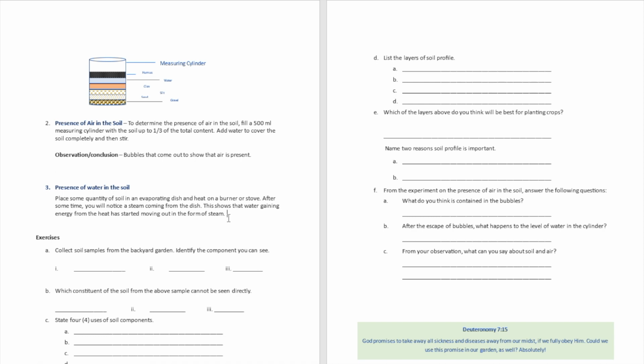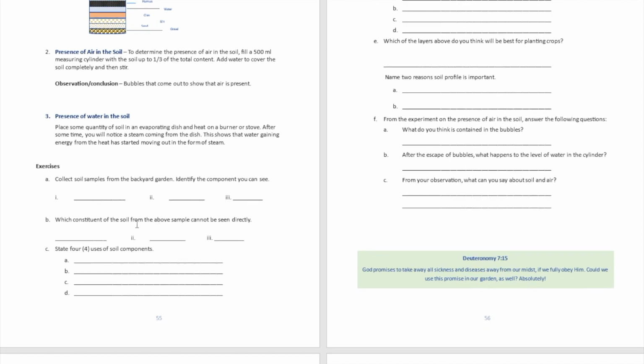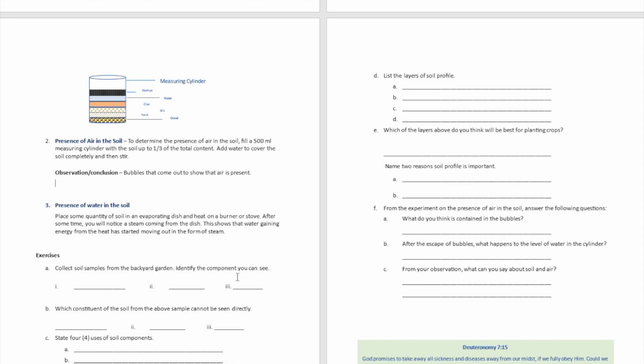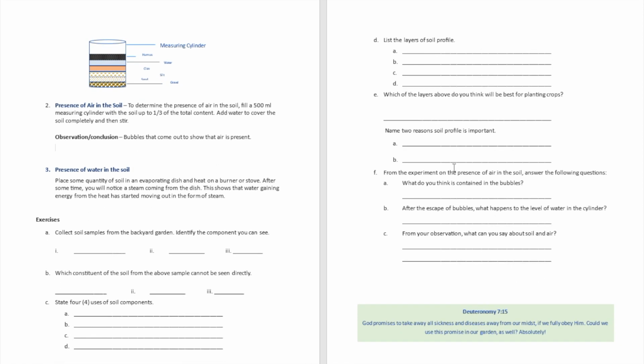And if you don't have the different apparatus to perform this experiment, it's okay. It's just for knowledge purposes, just to understand there is going to be air in your soil and water in your soil as well. There are exercises that you can use to prove these points, so you're welcome to take a look at this and answer the questions that follow to remember what we talked about.